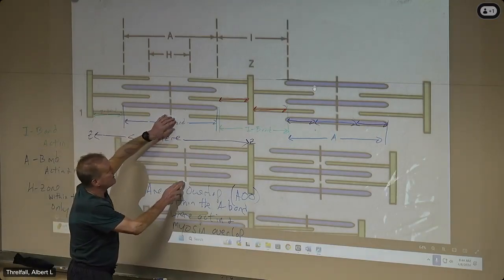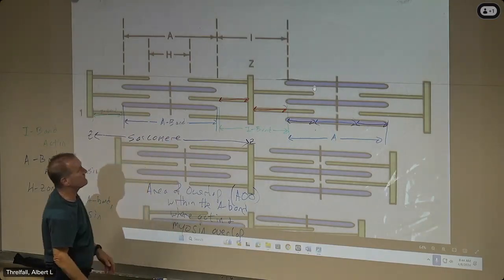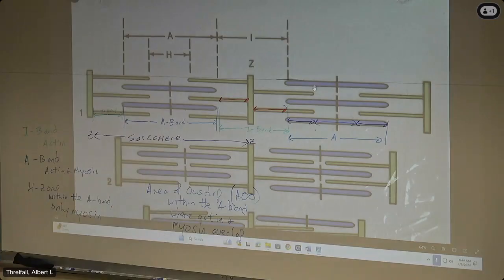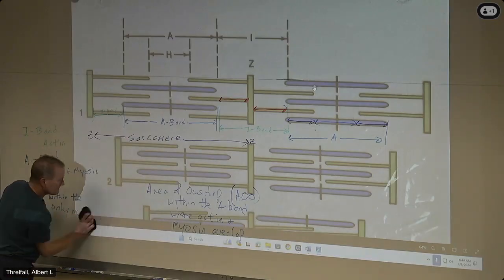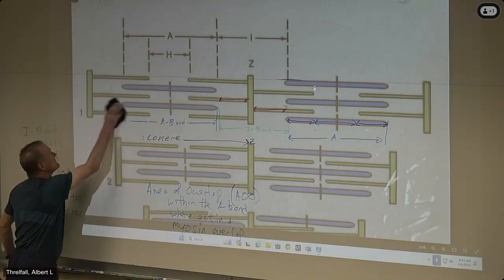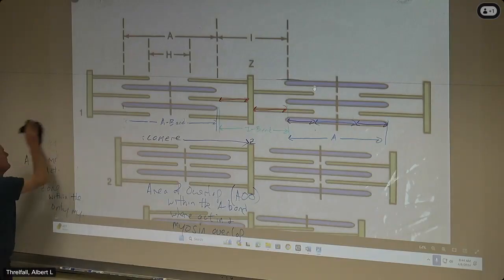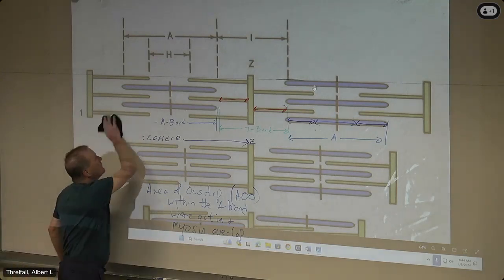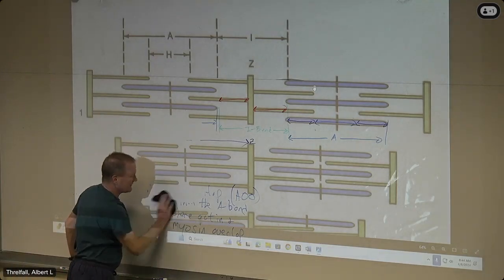The H zone is narrower. The question becomes, how do the filaments slide? But let's first write down how the bands change when the sarcomeres contract.